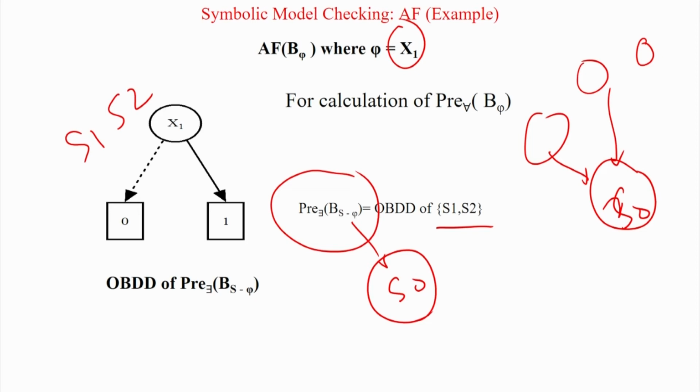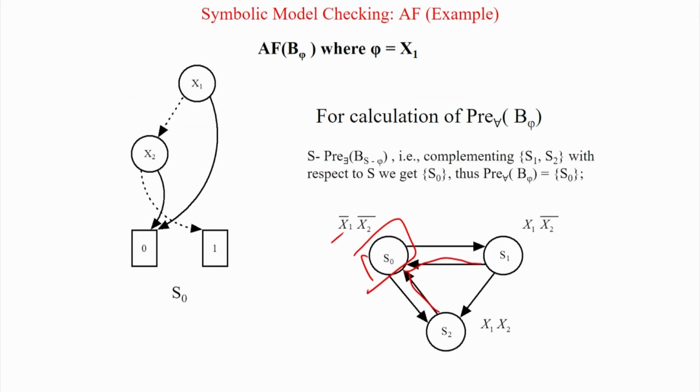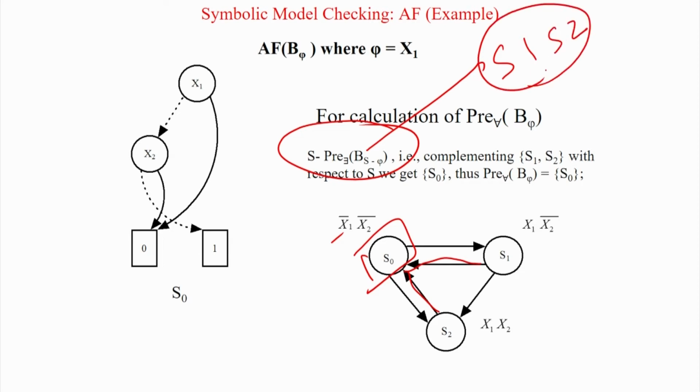So, now what you are going to do? We are simply going to say S minus pre of phi-bar. These are the states S1 and S2, meaning there is a path from S1 and S2 which leads to state S0 where your formula phi is false.